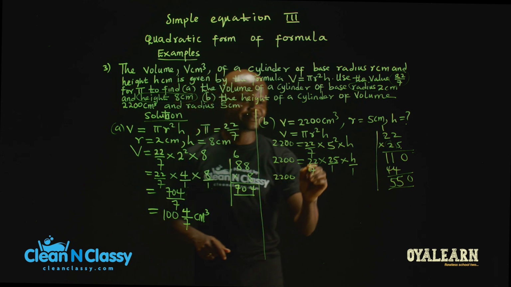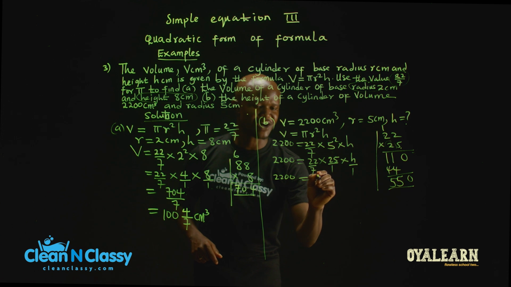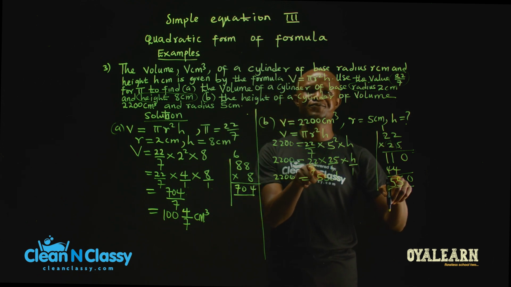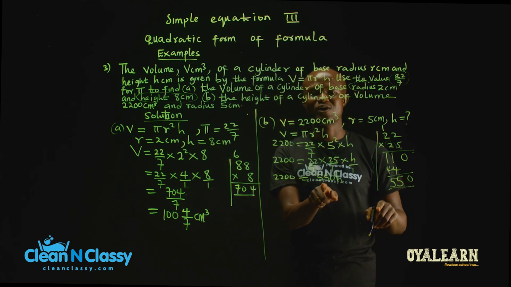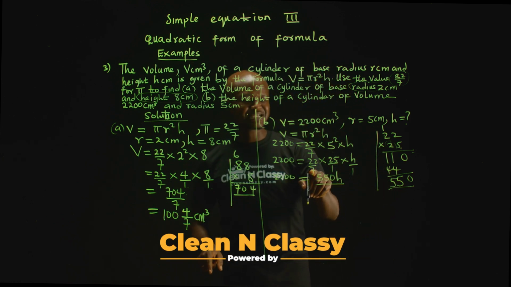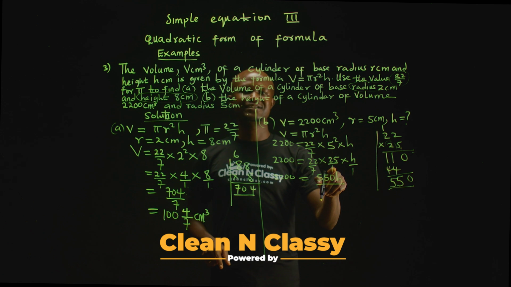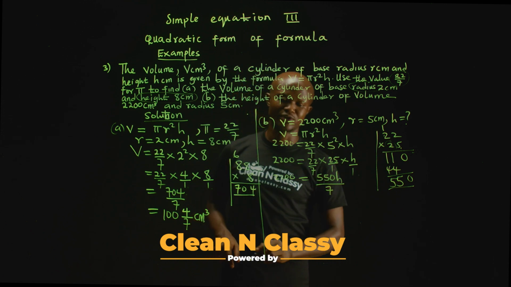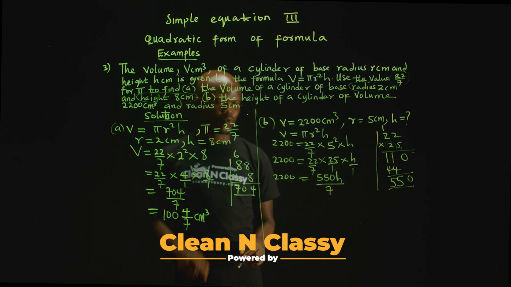So we now have 2,200 equals 550 h. Don't forget 22 times 25 is 550, then times h, we have 550 h, divided by 7 times 1, which is 7. Now from here, what do we need to do?